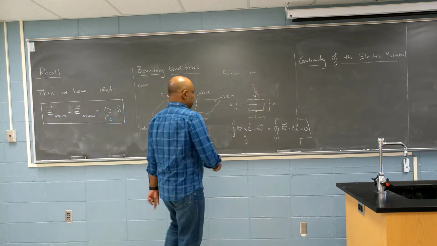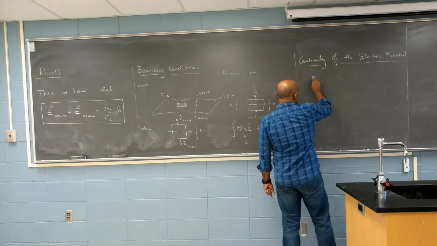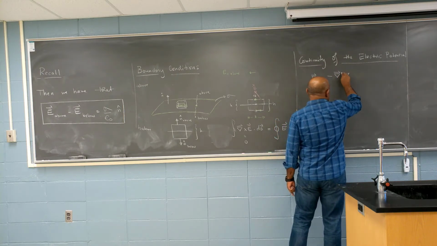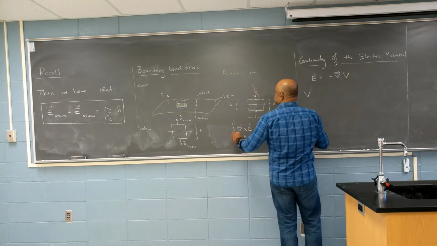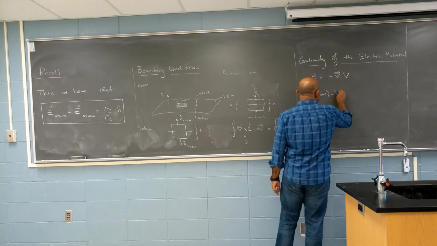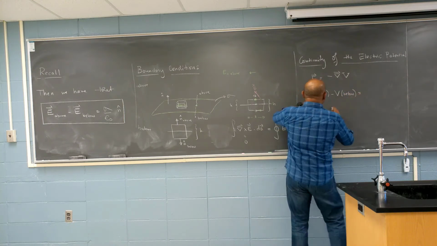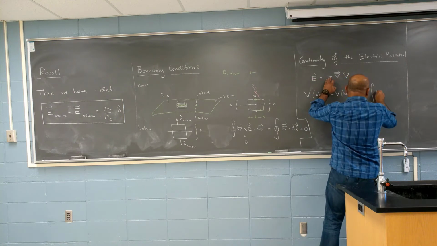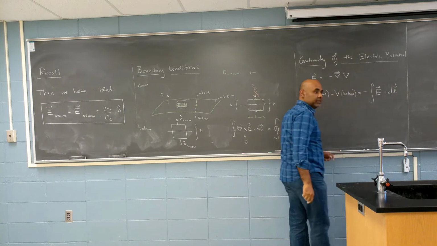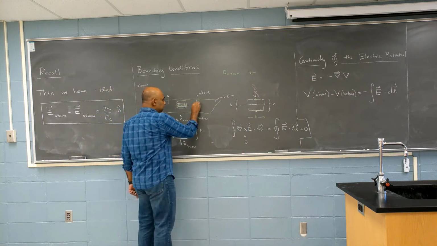And so recall, then I can write V above minus V below is equal to minus, well, that's how we defined the electric potential in the first place, and this is my dl.